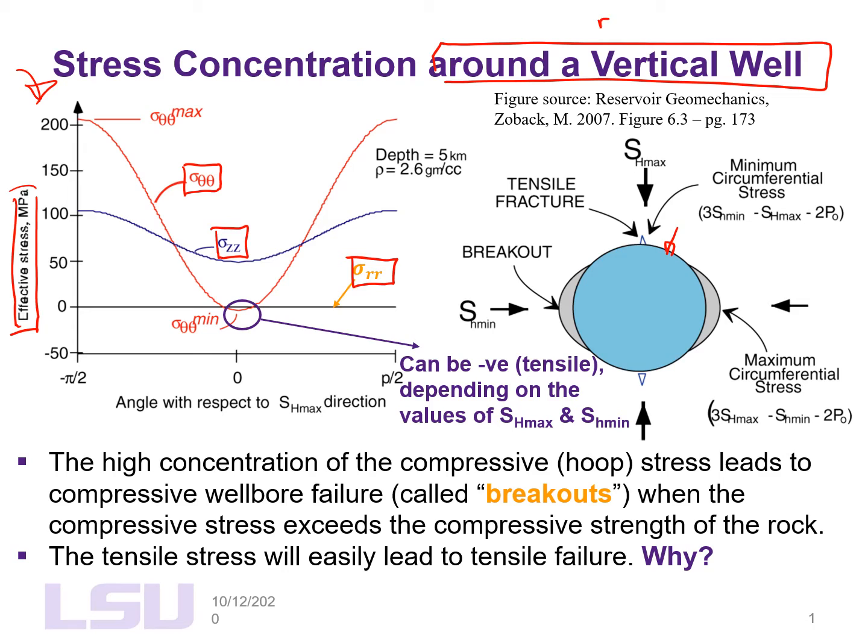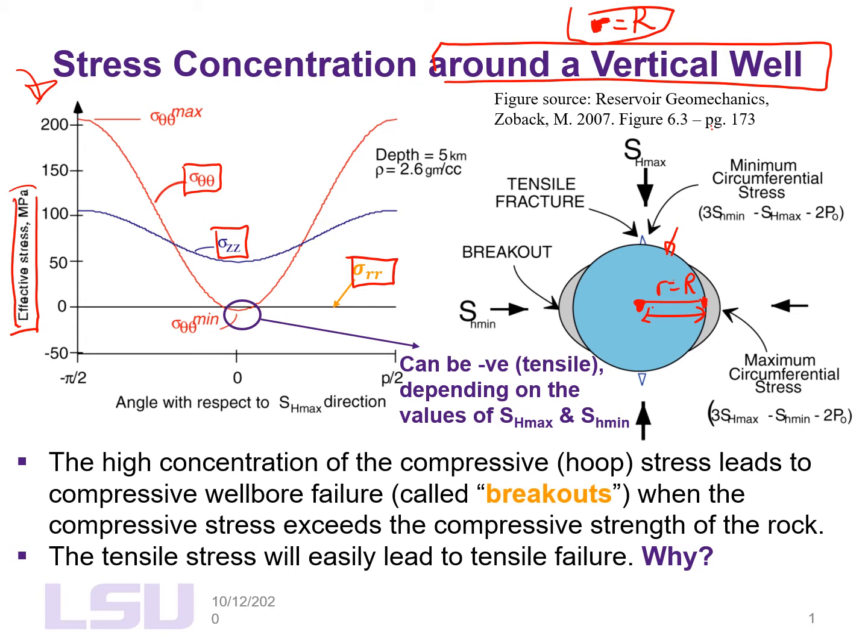So where r equals big R: the radial distance from the wellbore center to any point r, but here r equals the radius of the wellbore, right? So r equals big R, which equals this distance.